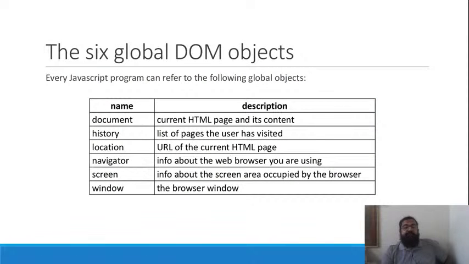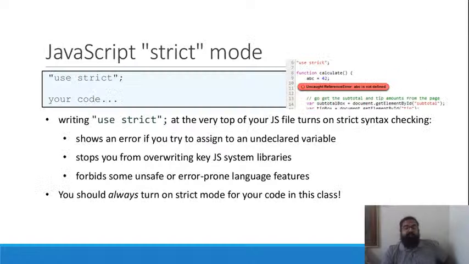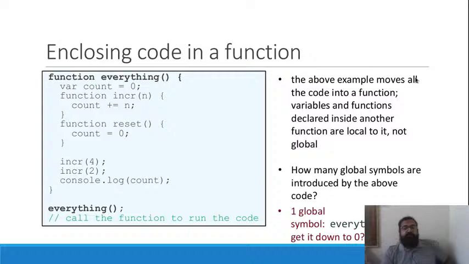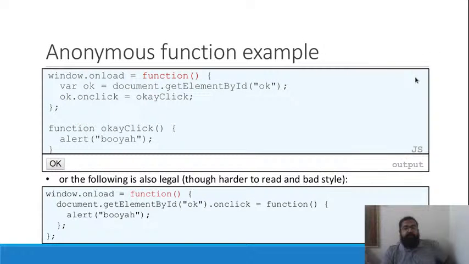Okay, so these are the 6 global DOM objects. Whenever you are working with JavaScript, for example, whenever we wrote a JavaScript function like document.getElementById, we never imported anything like import document or import window, right?